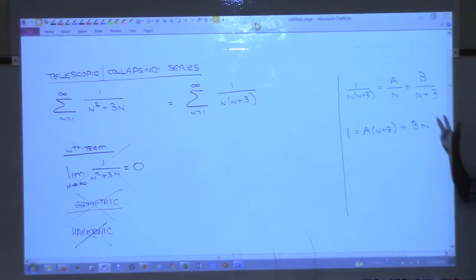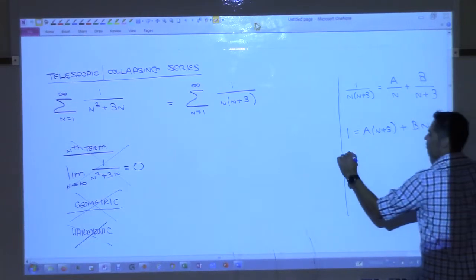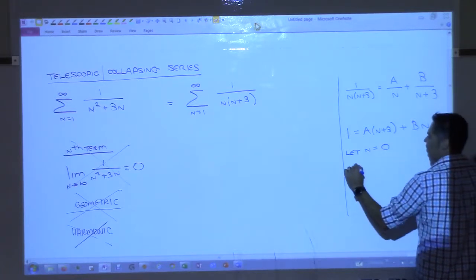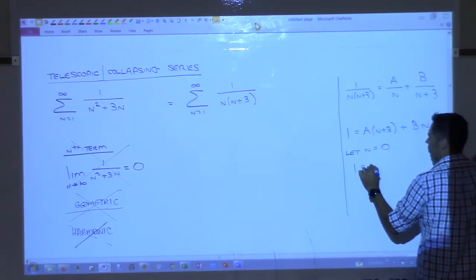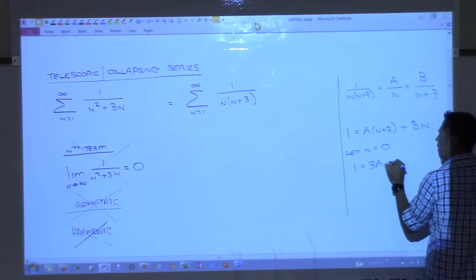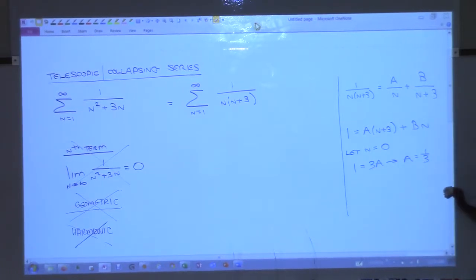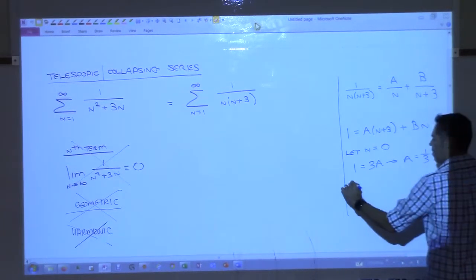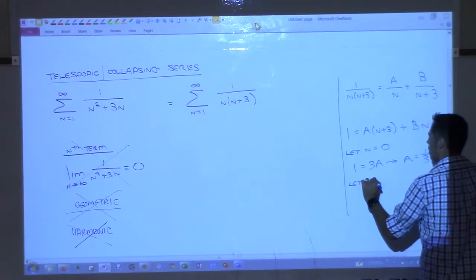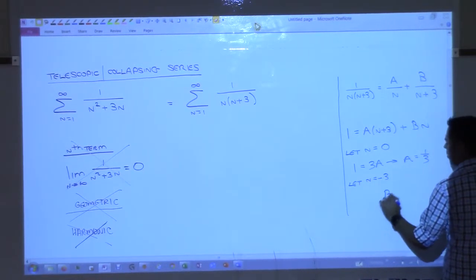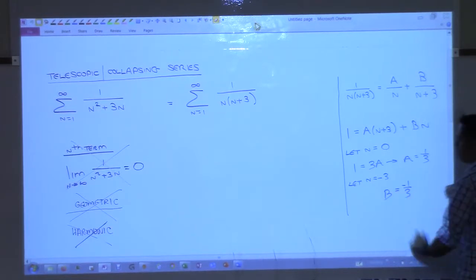I'm trusting you could do this. I'm going to do the shortcut. Let n be 0, and then 1 would be equal to 3a. So a is a third. Again, I'm trusting you could do this part. And then I'm going to let n be negative 3. If I do that, we should get b is negative 1/3. Not showing much work here.